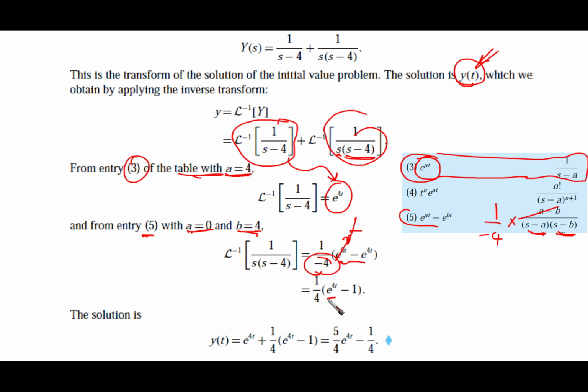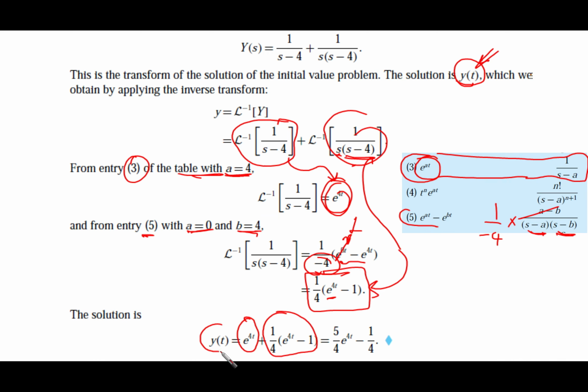Rearranging, we find that it is 1 over 4 times e to 4t minus 1. This is the second term. So the first term is e to 4t, and the second term is this term. So we put it here: first term, and this is the second term.